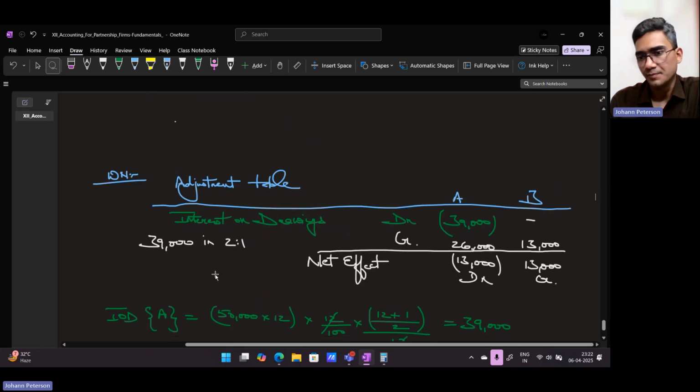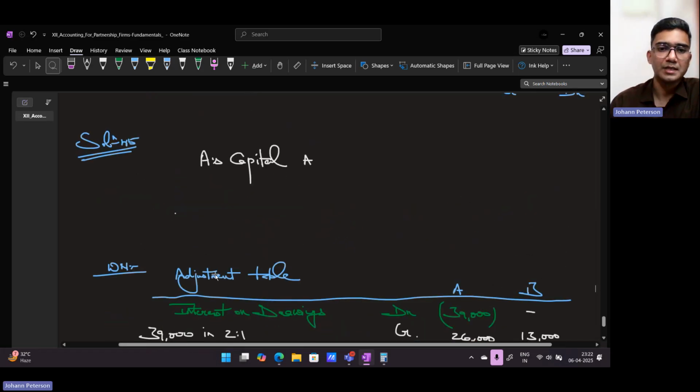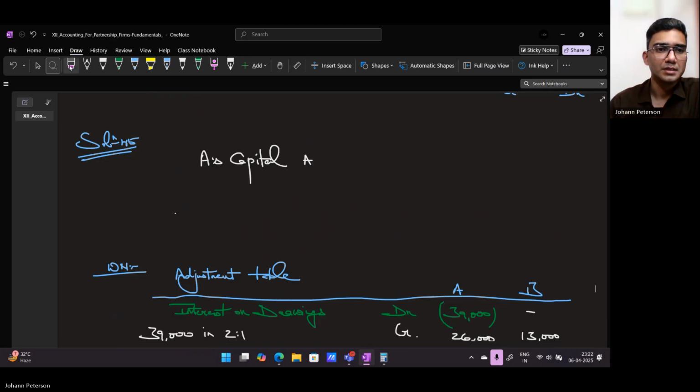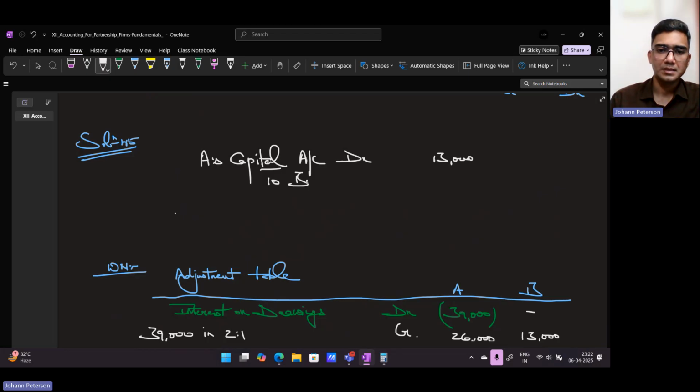So what is our entry? We see A's capital account debit 13 to B's capital account. So A's capital account debit 13 to B's capital account 13.